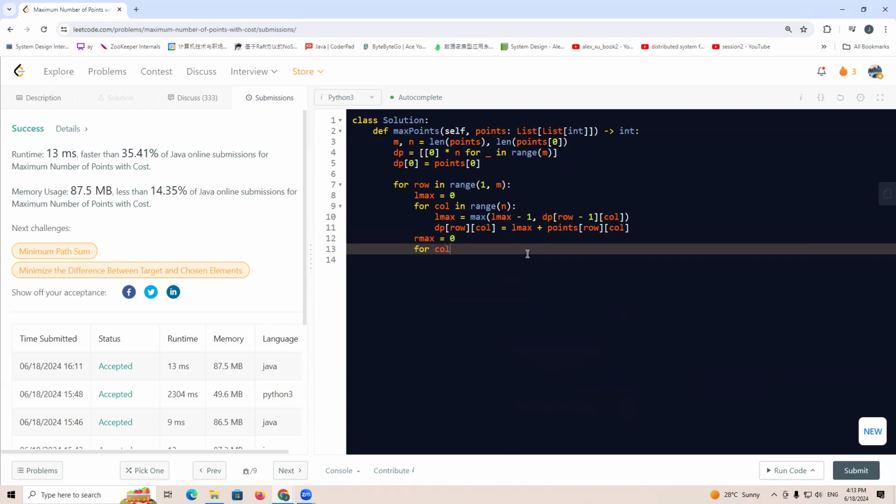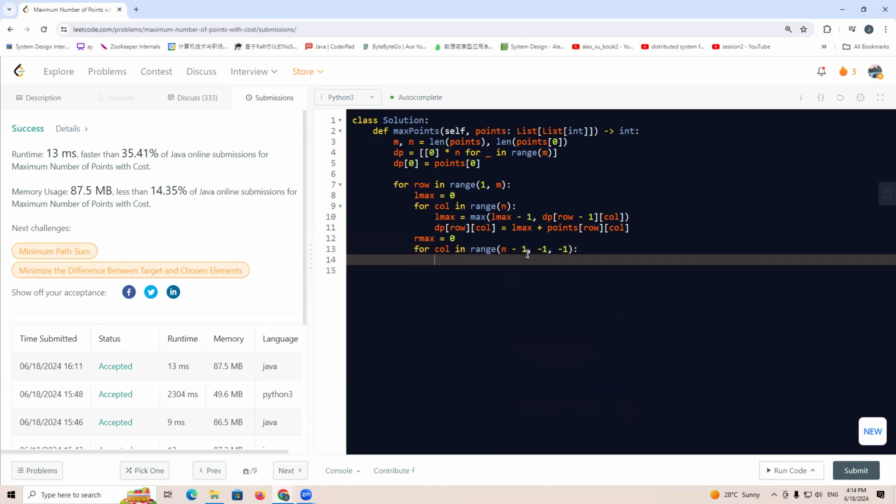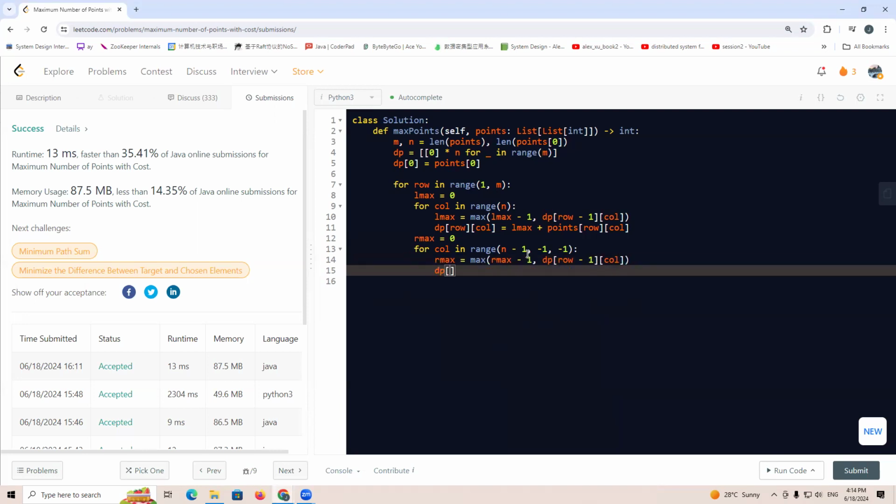So we also have column in range n minus 1, minus 1, minus 1, right? So what we do is that right max equals max of right max minus 1 and dp row minus 1 column. And we should have dp row column equals max of dp row column, because we need to have both direction values, right?